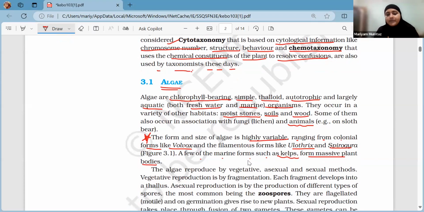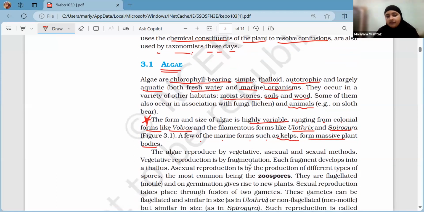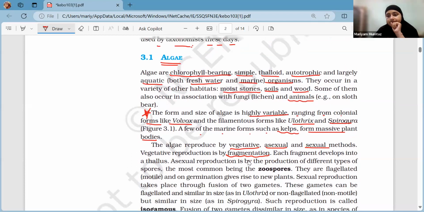Now, moving forward, the algae reproduce by vegetative, asexual, and sexual methods. All the three methods are found in algae. Vegetative reproduction happens by fragmentation. Do you people know about fragmentation? When one body breaks into certain fragments, each of those fragments grows into a new organism. That is fragmentation. Each fragment develops into a thallus.